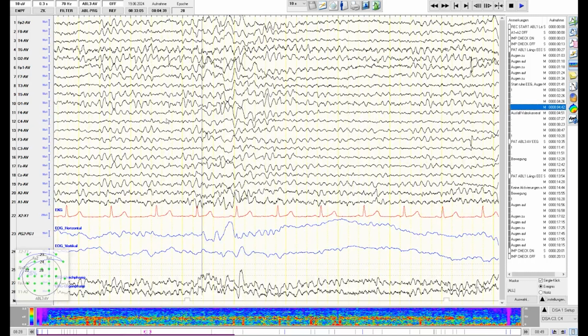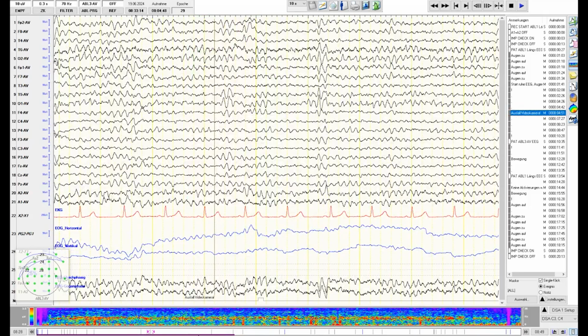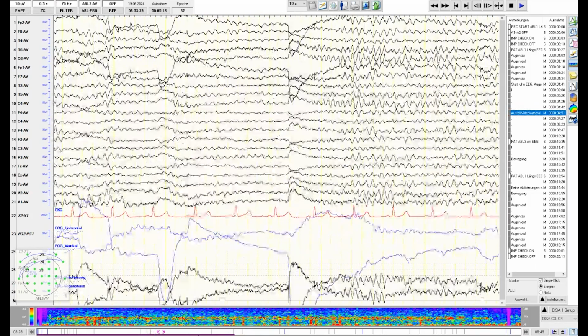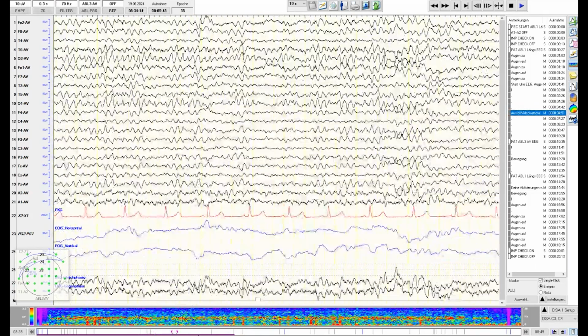And here you see that the rhythm changes. I'm going to mark it for you: some activity that is not normal. You have higher amplitudes, an irregular activity, and this is something that is suspicious. However, let's continue, and we will go closer to what this could be. We screen through the EEG, and we see that it continues like that.